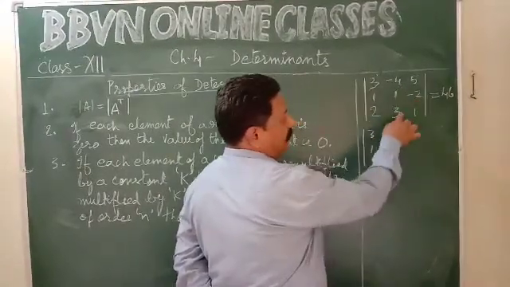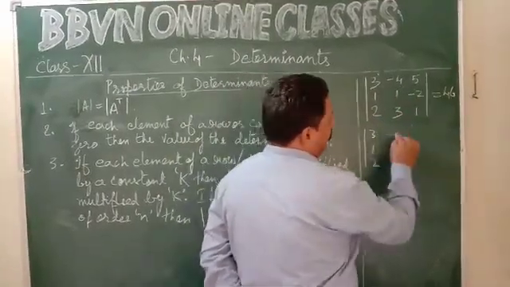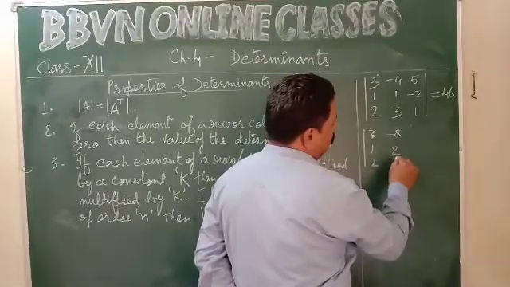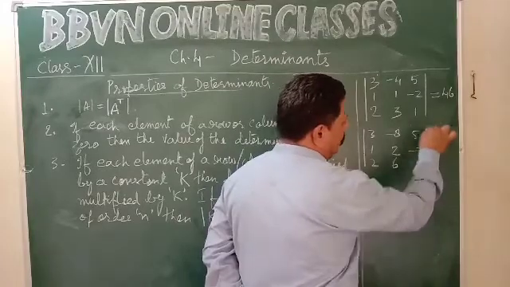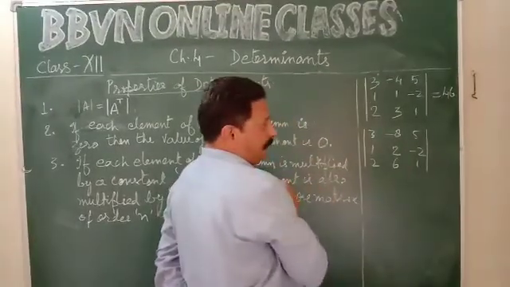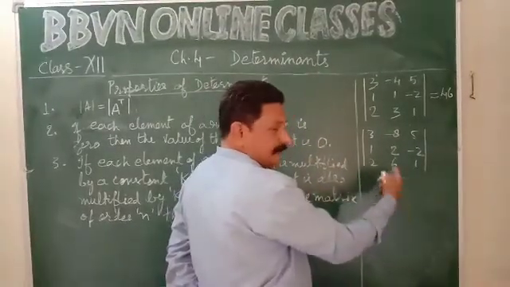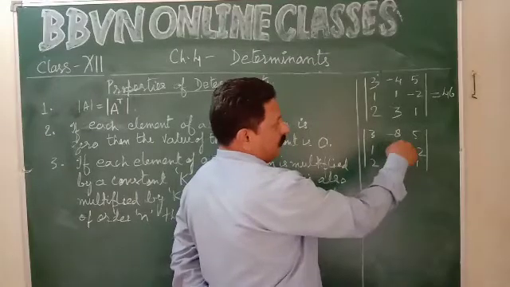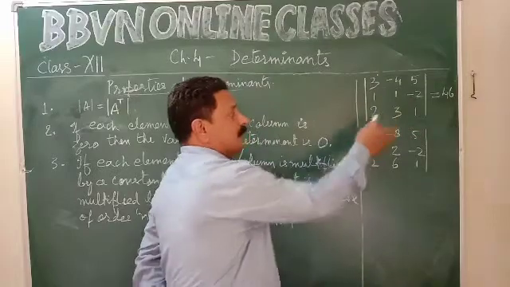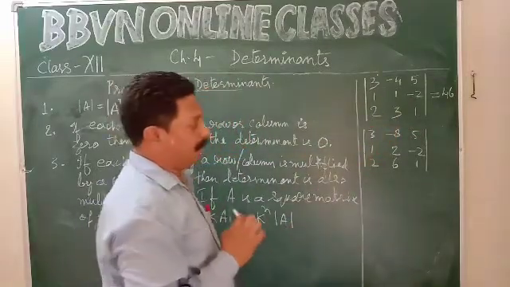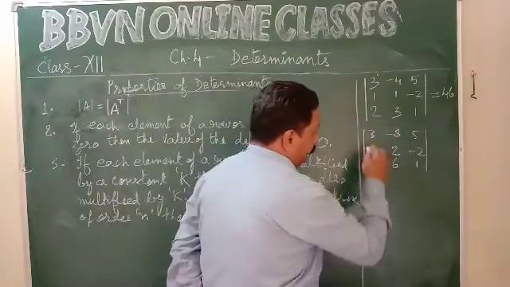Second column, each element is multiplied by 2. Minus 8, 2, 6. Third column remains as it is. Now, according to the property, the determinant of this particular new matrix should be equal to 46 multiplied by 2. Why? Because I have multiplied second column by 2. Let's find out the value.